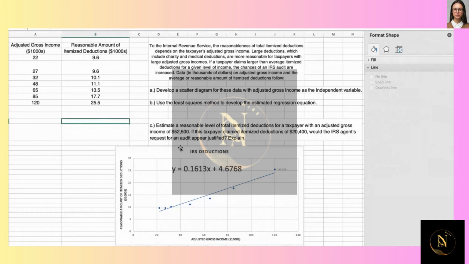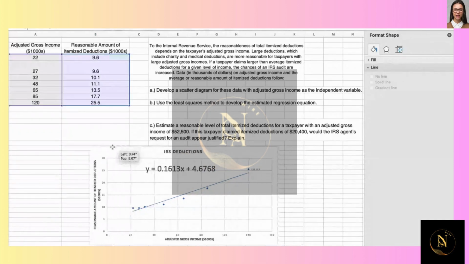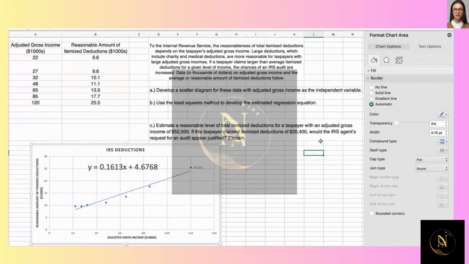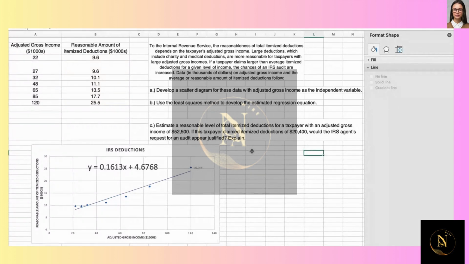And then estimate a reasonable level of total itemized deductions for a taxpayer with an adjusted gross income of $52,500. So that would be 52.5.